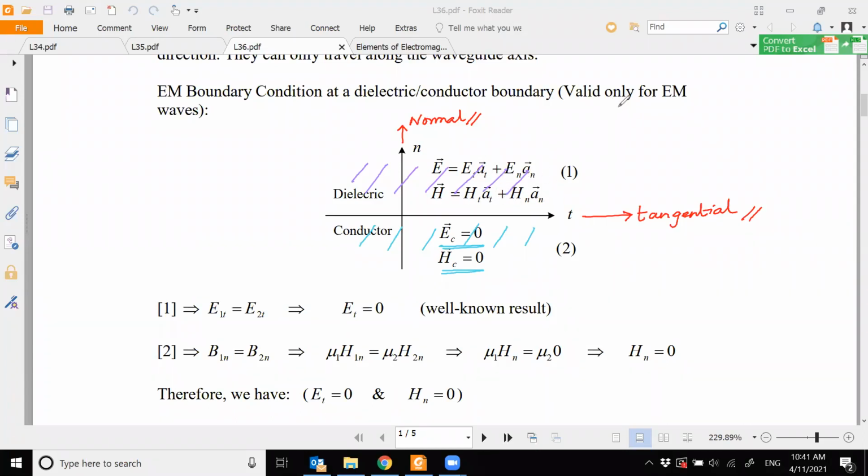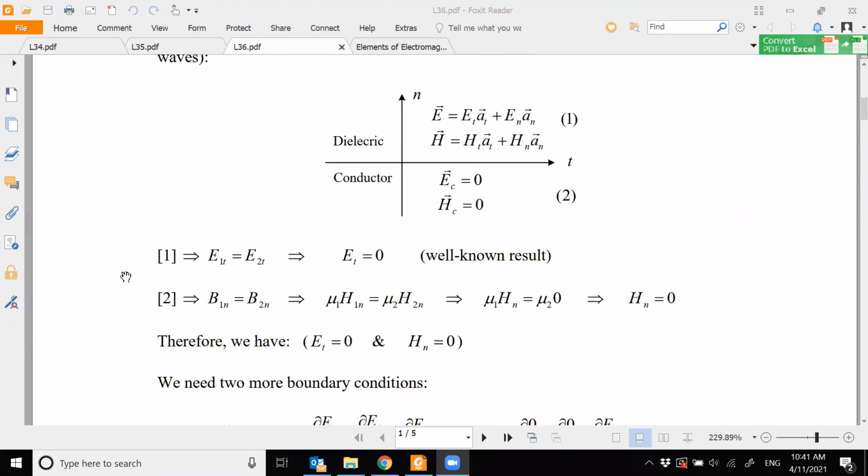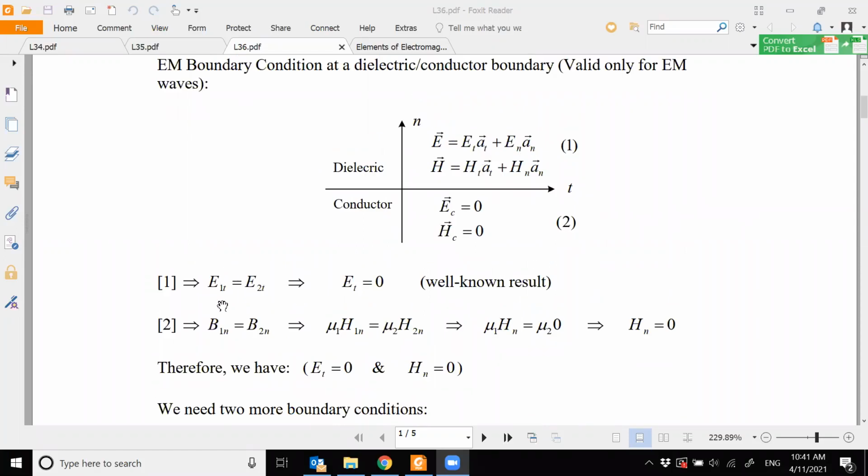Now if I apply the boundary conditions, what are the boundary conditions that we have studied in electrostatics? The tangential components are equal for a charge-free region. So E1 tangential must be equal to E2 tangential. But here there is no electric field, so this must be equal to 0. Therefore, E tangential is equal to 0. Very well known to us.